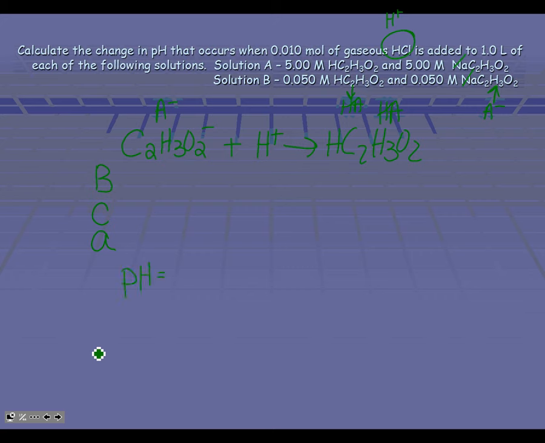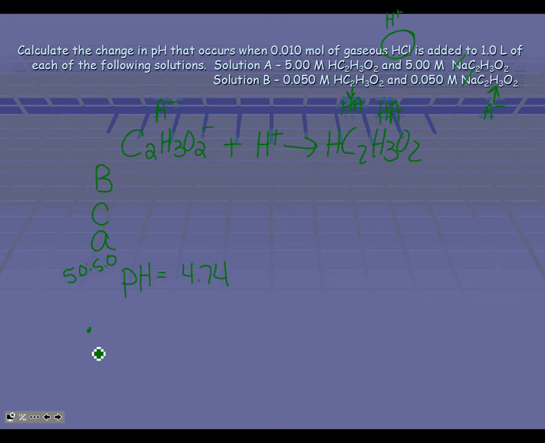For the first solution, which is the 5 to 5, the pH is 4.74. If you notice on that one, it didn't change at all from our original buffer pH. It's got a large capacity to absorb.